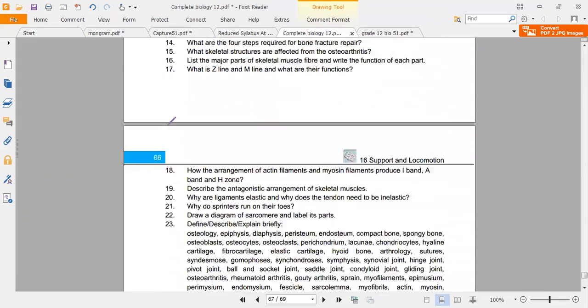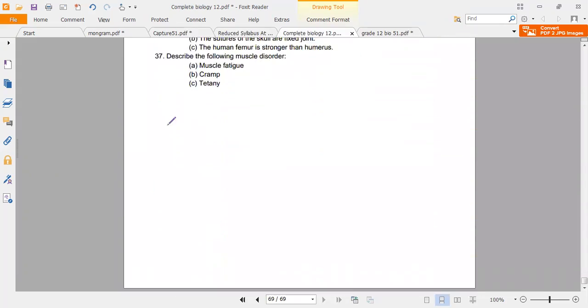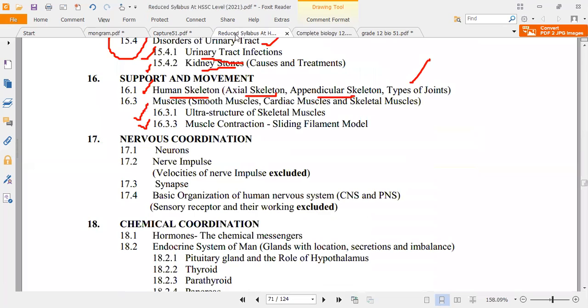So now we are moving to the next chapter, nervous coordination, in which just neurons are included. Before that, there is another topic, steps involved in nervous coordination, that is not included. The numbers here are changed. After neurons there is nerve impulse.